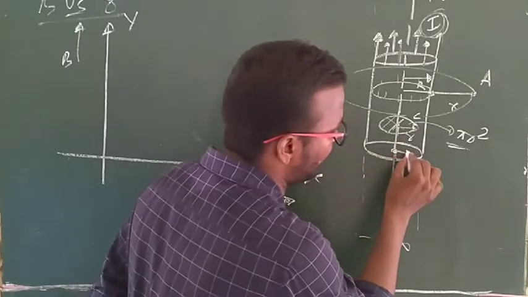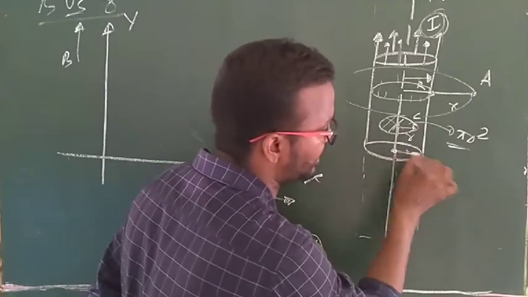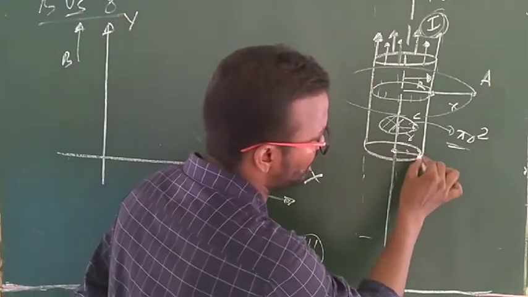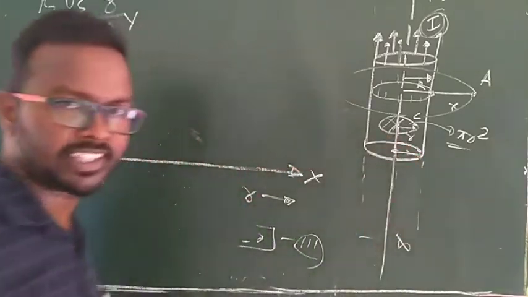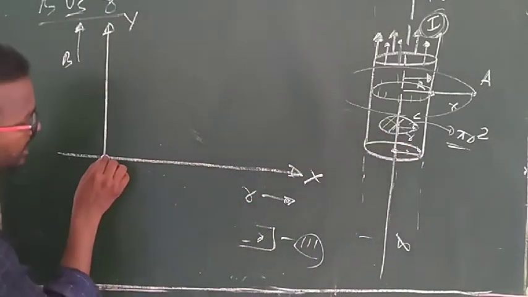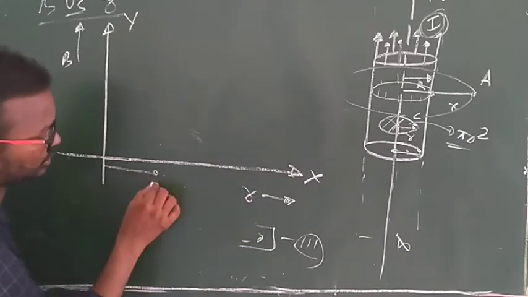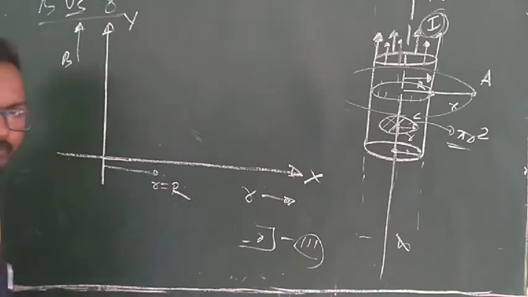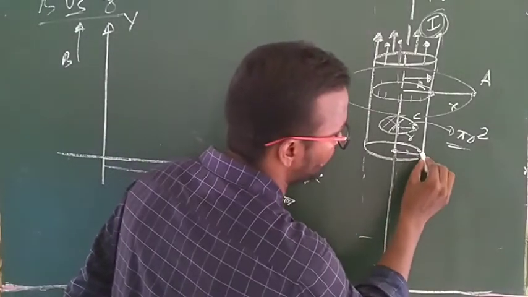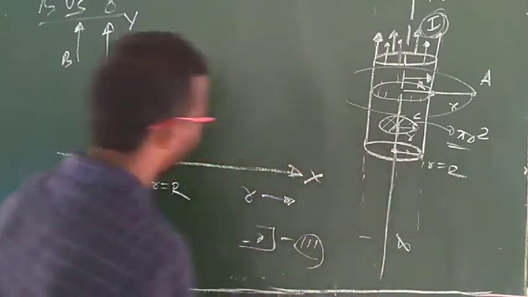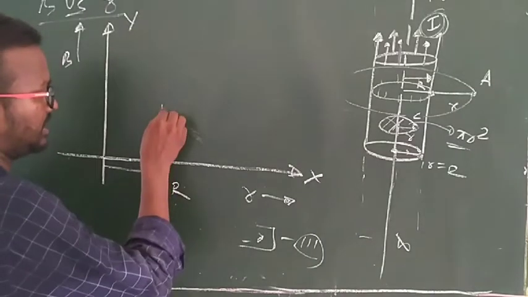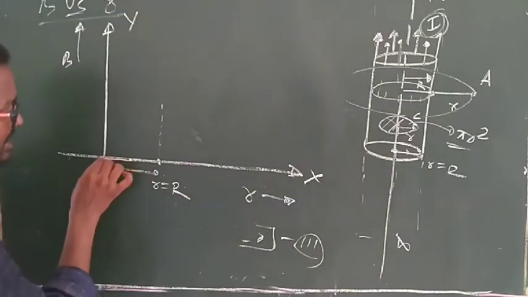If we increase the distance from the axis up to the surface of the hollow cylinder, r equal to R, then the magnetic field strength is also 0. Here the magnetic field strength is 0.